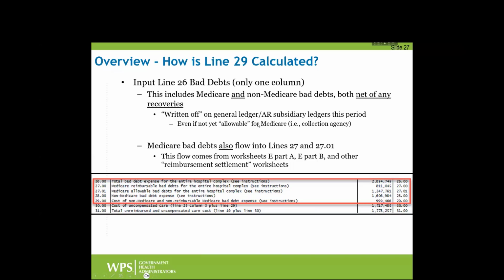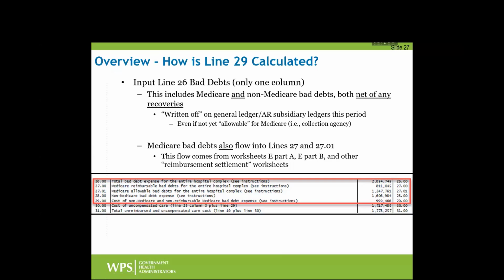So in a situation where you have a bad debt that was at the collection agency, you did write it off in your accounts receivable ledger, but now it's at the collection agency. It might be there for a year or more. We cannot write it off on the Medicare side, on E-Part A, for example, until it comes back from the collection agency.